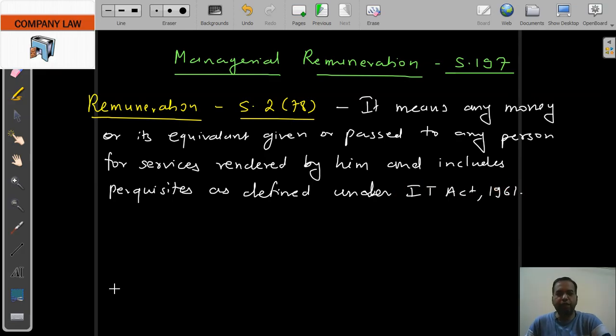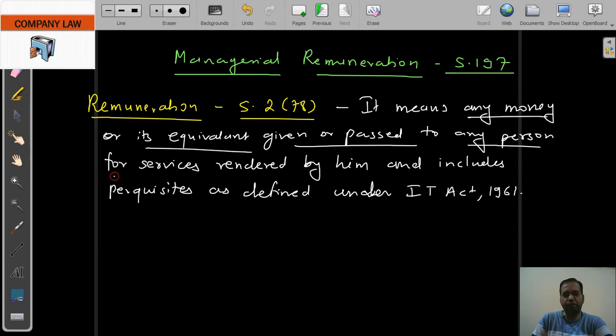So it means any money or equivalent given or passed to any person for services rendered to him, or includes perquisites, as defined under IT Act 1961.